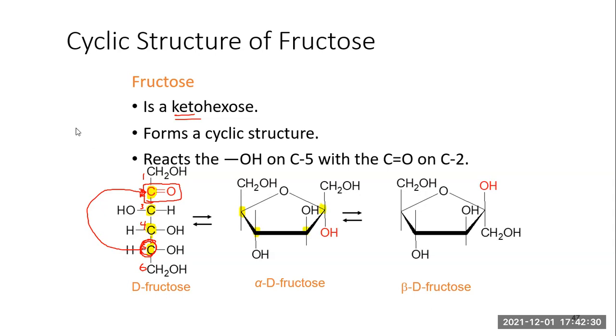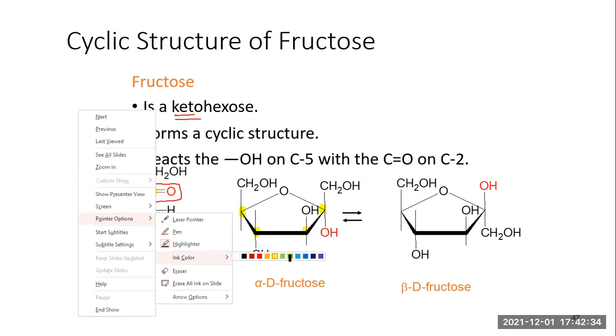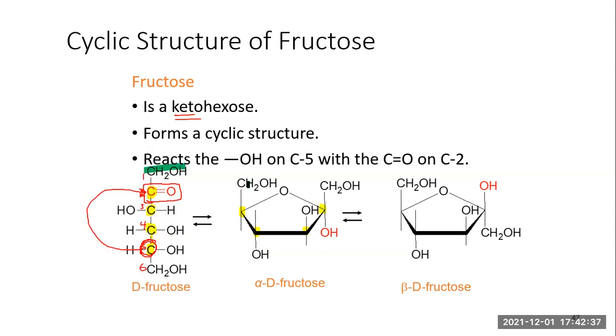The consequence of how that closes up is, in addition to our normal carbon number 6, which ends up off of the ring, we also see carbon number 1, we'll highlight it the same color, ends up off of the ring as well.